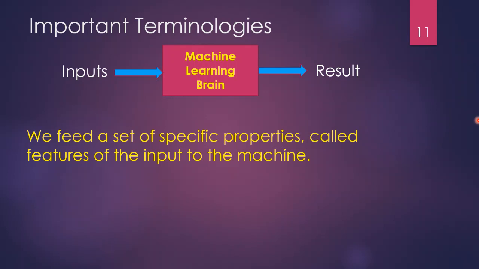To do this, we have to train the machine first with some previous examples, that for this type of carpet area, for this type of location, for this type of materials, this should be the price.